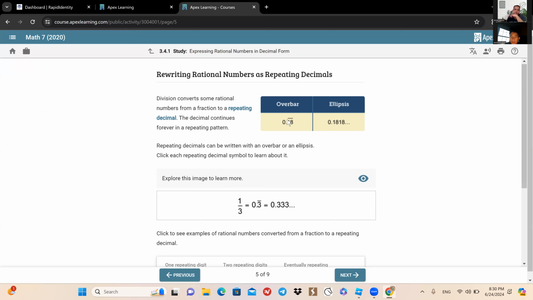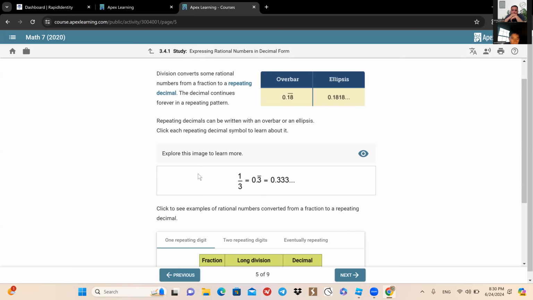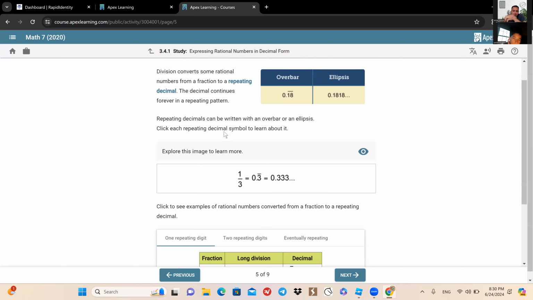I've seen this before. The line on top just means it keeps going on. Repeating decimals can be written with an overbar or an ellipsis. An overbar means it continues on, it repeats.